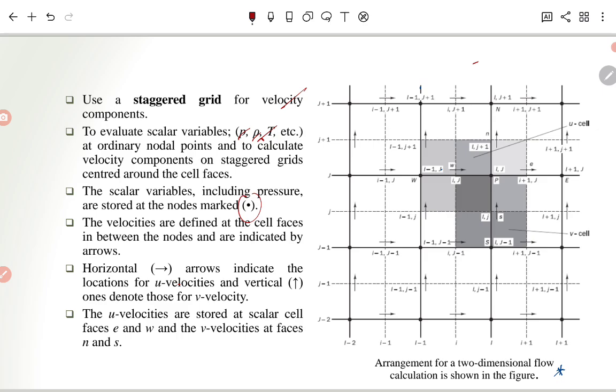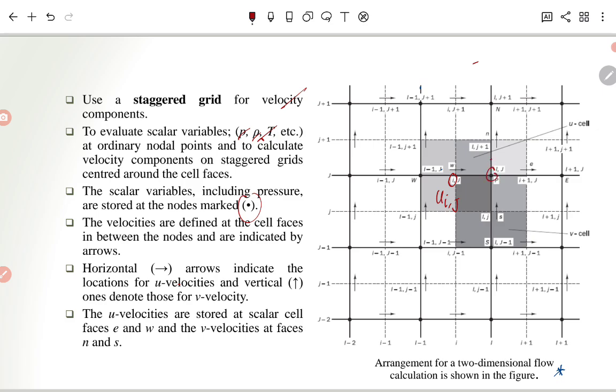For the U velocity, this one is U_ij, which is at a distance minus delta x over 2 from this point.